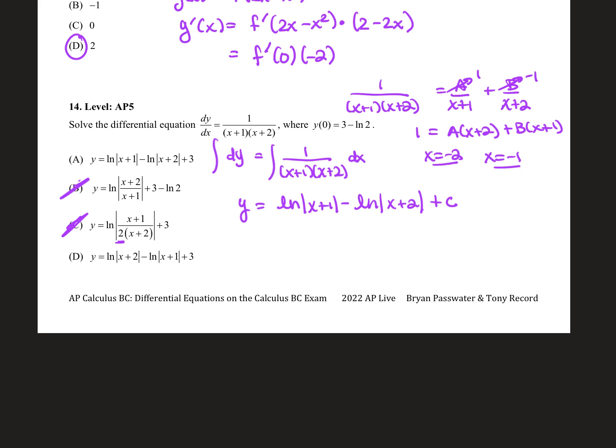So y of 0 is going to be 3 minus the natural log of 2, which is going to be the natural log of 1 minus the natural log of 2 plus c. So natural log of 1 is 0. So we're going to get that c is equal to 3. So looking at that, the answer must be A.